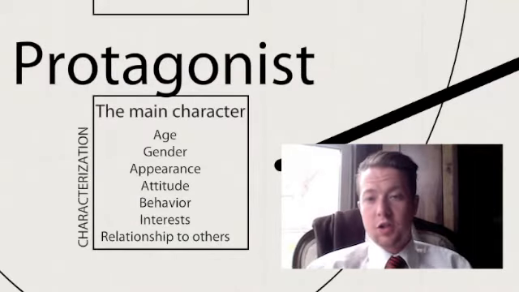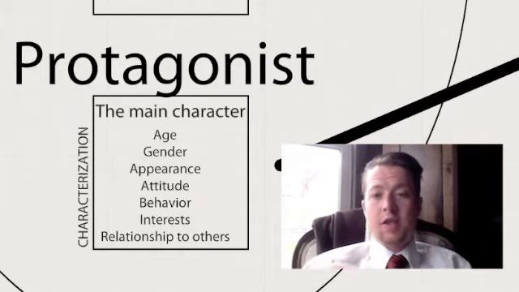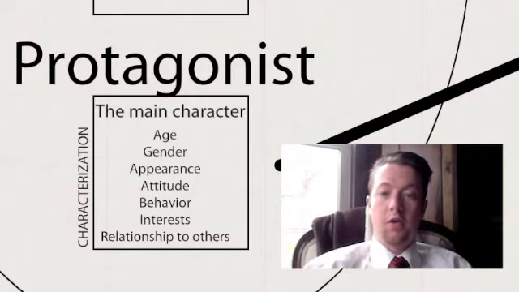Finally, in the exposition is the development or the introduction of the protagonist. The protagonist is the main character. It doesn't really matter if they're a good person or a bad person. It is important, however, that we understand what kind of person, what kind of character they are, and what they represent.